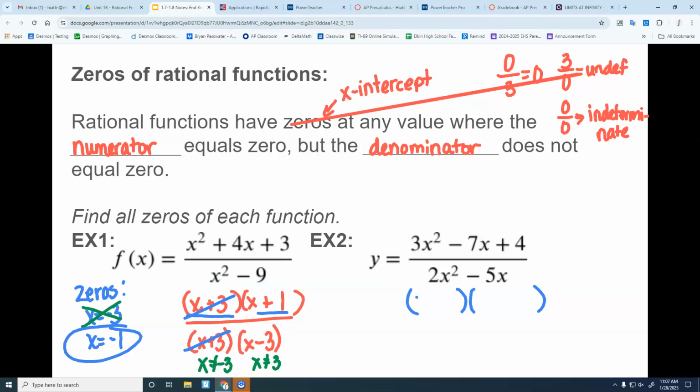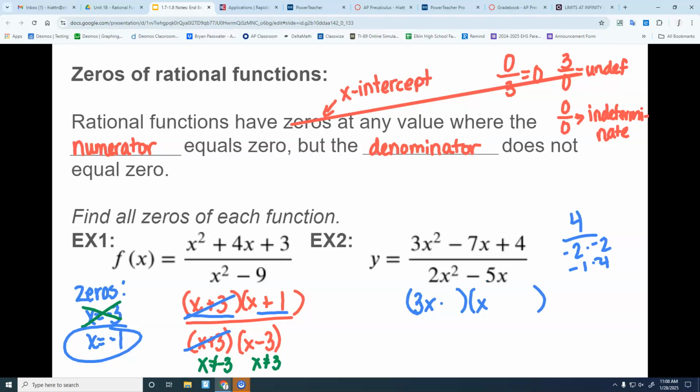So 3x squared will have a 3x and an x. I've got a 4 over here, and I know I'm going to have to use negatives or else I would never get a -7 in the middle. So I could either do -2 and -2, or I could do -1 and -4. If you think about playing around with what's going to work there, -2 and -2 is not going to work because that would give me -8.